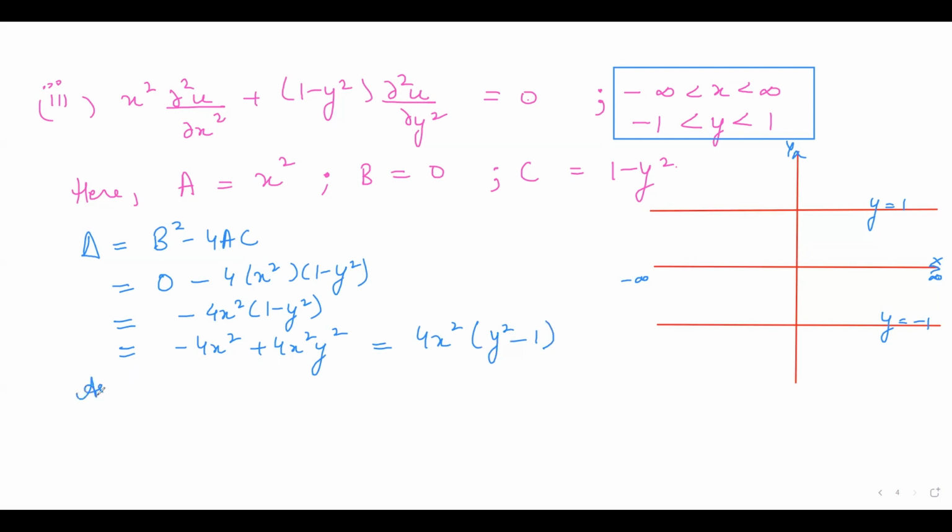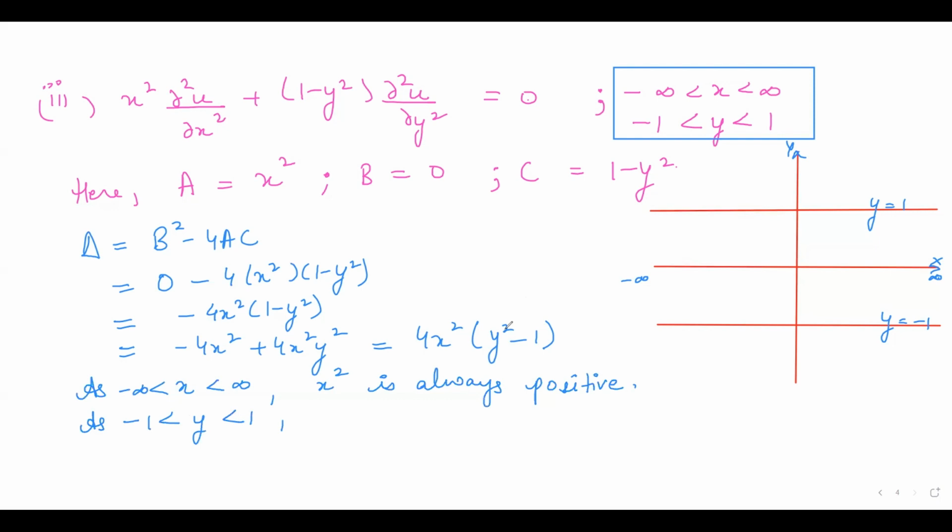So as x lies between minus infinity to infinity, x square is always positive. Whereas when we are talking about y, because it is lying between minus 1 to 1, y square minus 1.